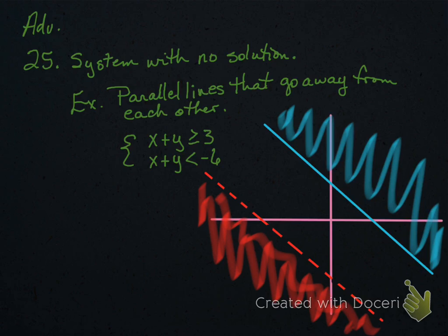Okay, so x plus y is greater than 3 would give you negative x plus 3, which kind of showed in the blue there. And then you would have another one that would be like x plus y is less than negative 6, shown in the red and shown with the shading away from each other to where the shadings never crossed.